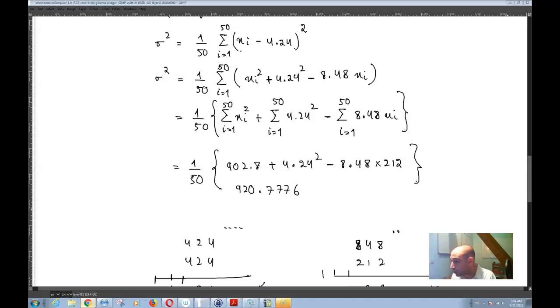There is something wrong here, that I have x sub I minus 4.24 whole squared, which is x sub I squared minus 8.48 times x sub I plus 17.97, okay, times 50.